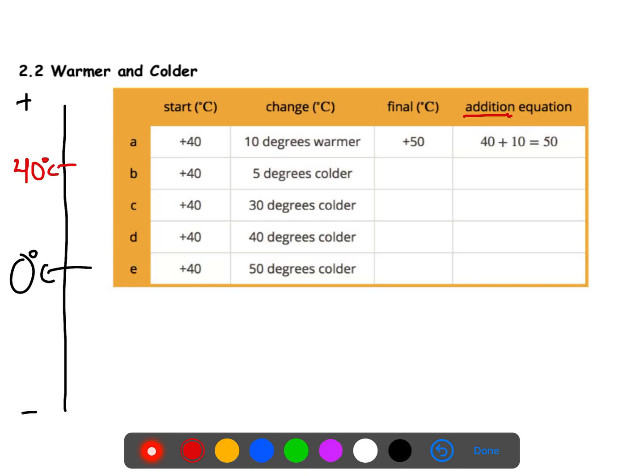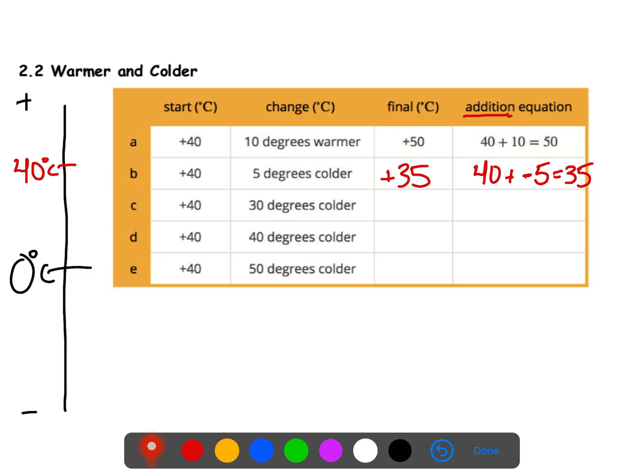So if we're getting 5 degrees colder, that's going to drop our temperature 5 degrees, which makes our final temperature positive 35. Now to do that with an addition equation, we would take 40. If we added 5, we would just increase the temperature. So we need to add negative 5 to get 35.